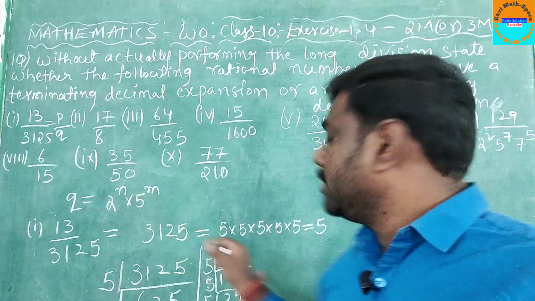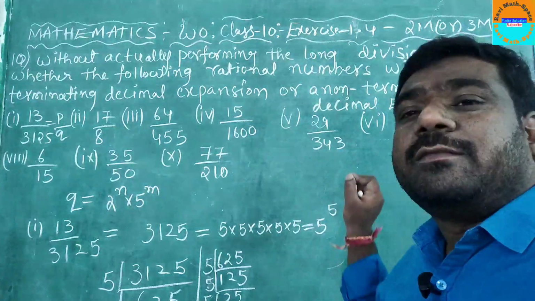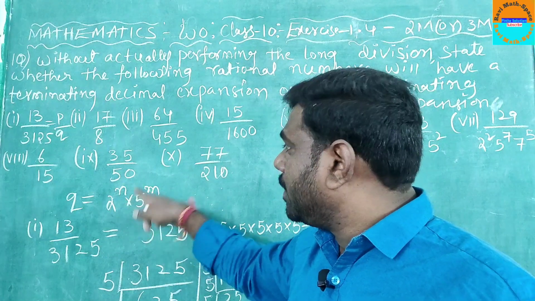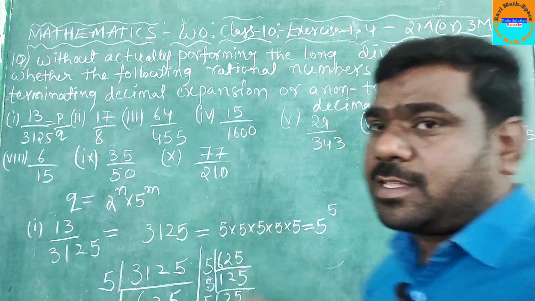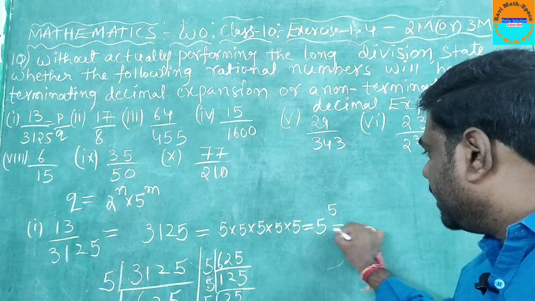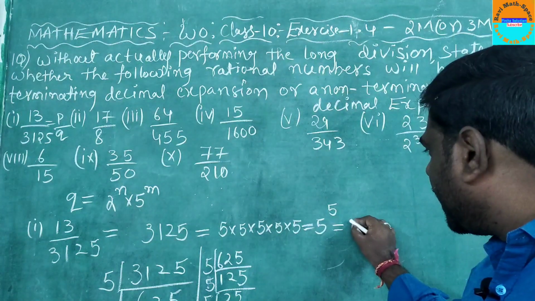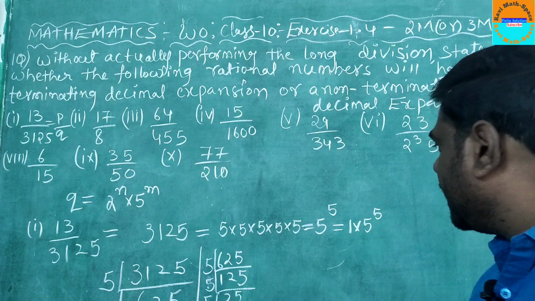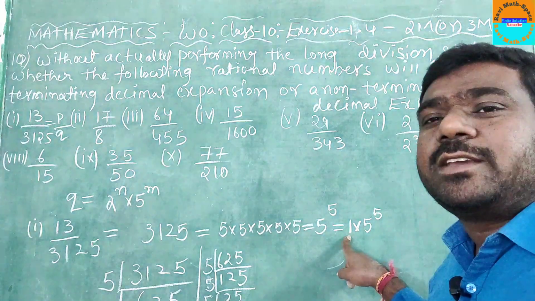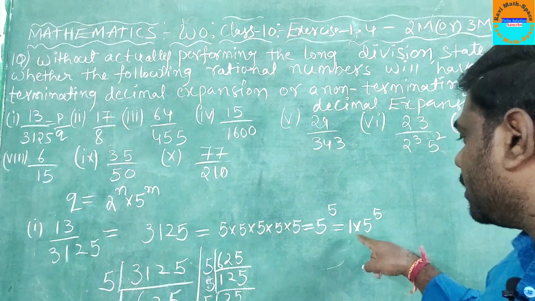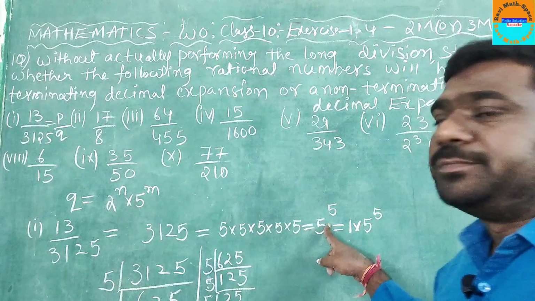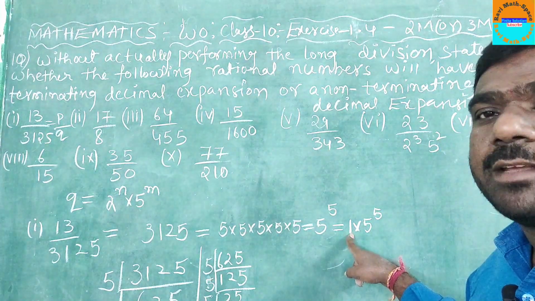But this 5 power 5 we can convert into 2 power n into 5 power m. How? See here. This 5 power 5 I can write as 1 into 5 power 5. 1 is a factor of all numbers, so normally there is no need to write 1 everywhere, but if you want, we can take it here.